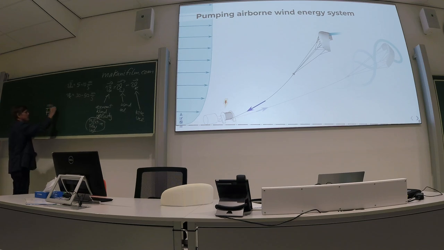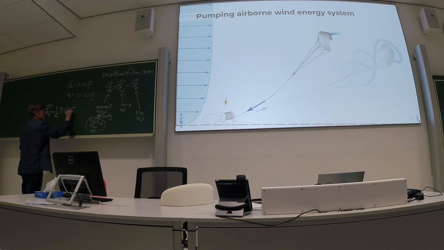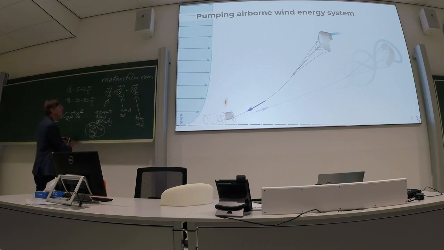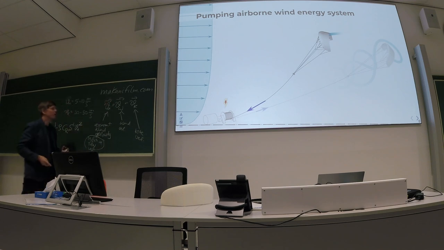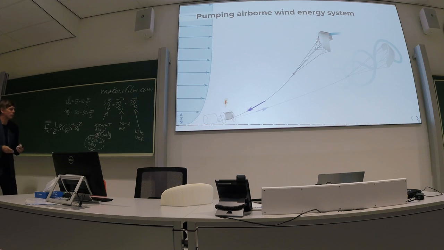Let me write this down. 1/2 rho CR VA squared. Let me tell you one more thing. When I put an arrow above a variable, then it's a vector. Without the arrow, it's the magnitude of the vector.